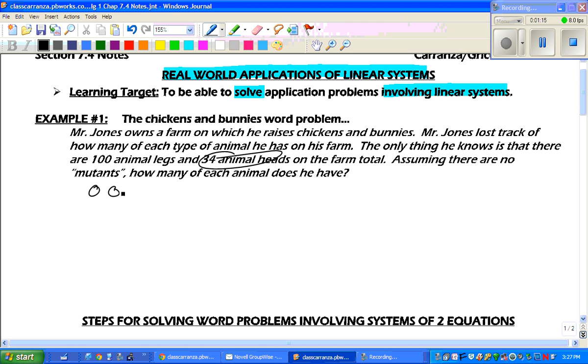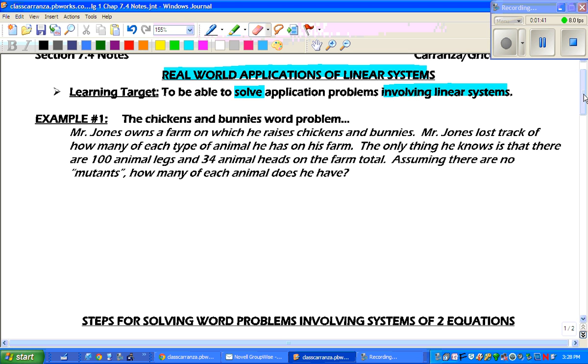I guess you could draw all these heads out, all 34, and then kind of count, make some of them bunnies, some of them chickens, and going back and forth. But can't you see how long that would take? Isn't it kind of nice that we're not making you do that at all? You can actually use numbers to do this.